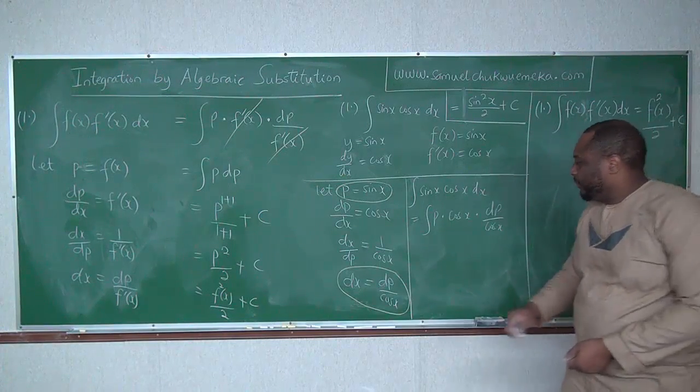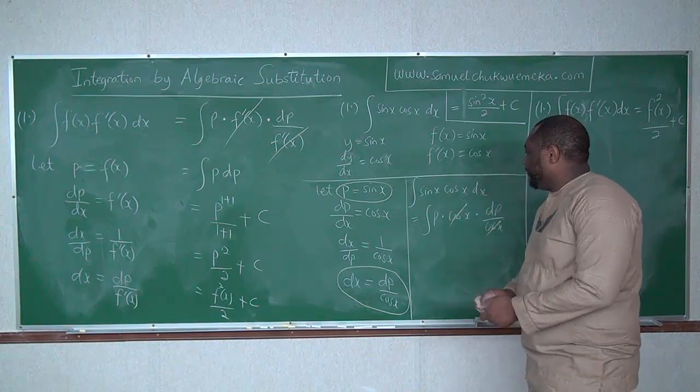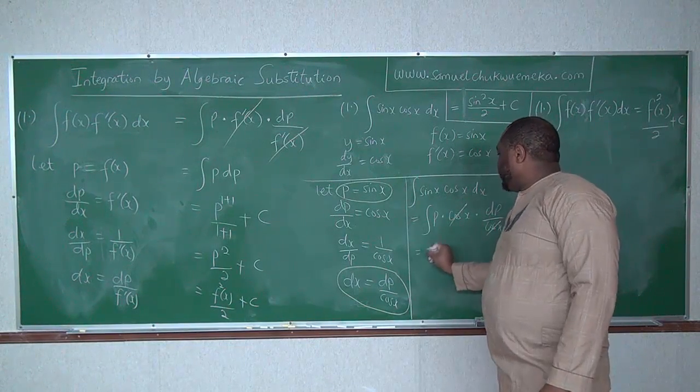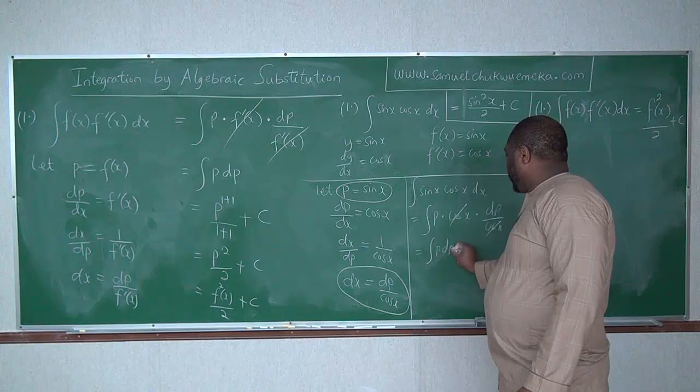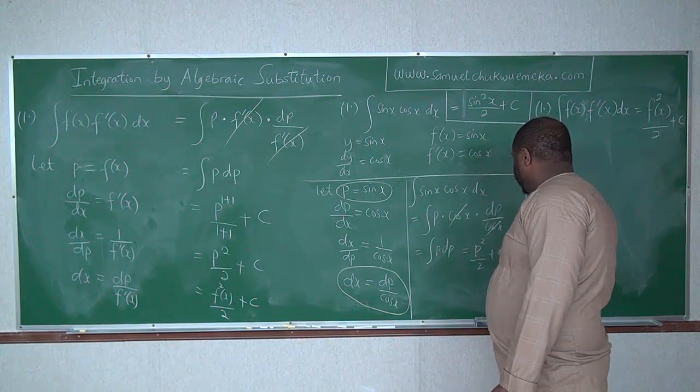See that? So we go ahead and cross out this, bam, bam. So we now have integral of P dP, and that is P squared over 2 plus C.